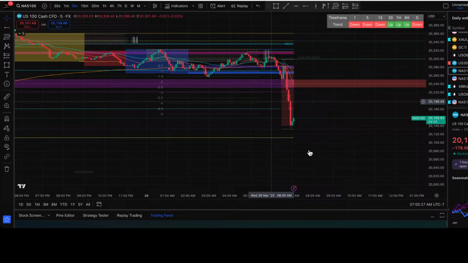So again, downside expansion model. We have a sell model, market manipulated down, but then we had a double break right into the blue zone, purple zone, and then a drop.